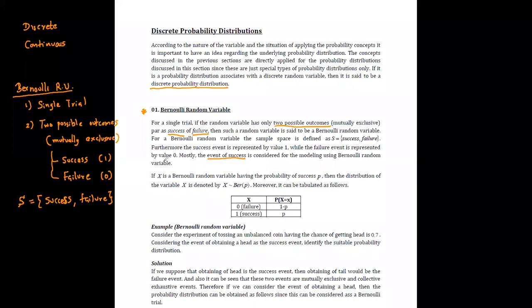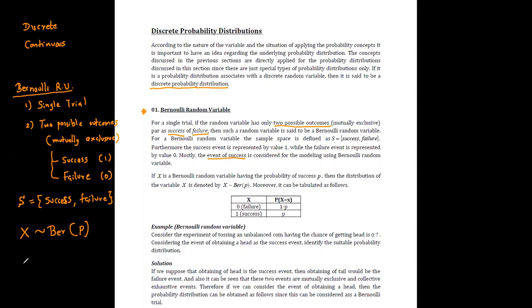Therefore, if we are modeling this Bernoulli random variable, we can write it down in this way. Suppose that X is a Bernoulli random variable. We can let X be the random variable we are considering, and we can say that this X follows a Bernoulli distribution with parameter p, the lowercase letter p. Generally, this p is said to be the probability of success.